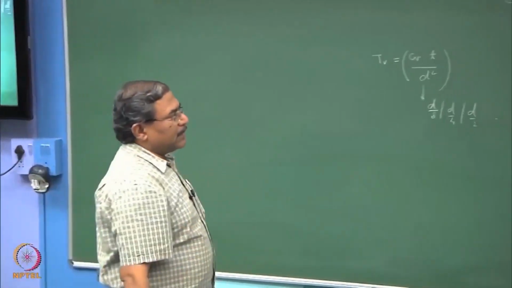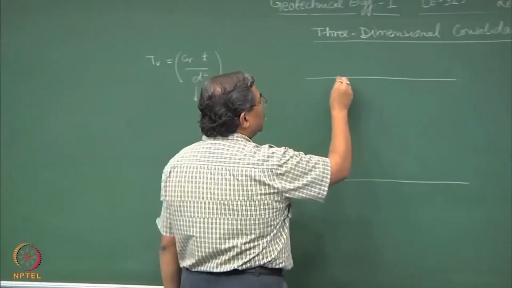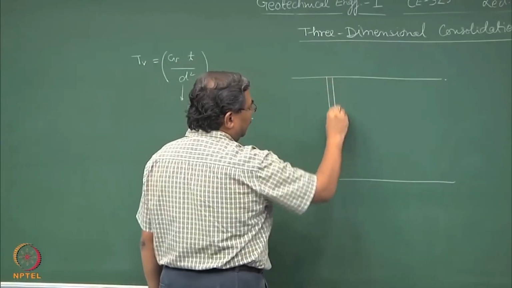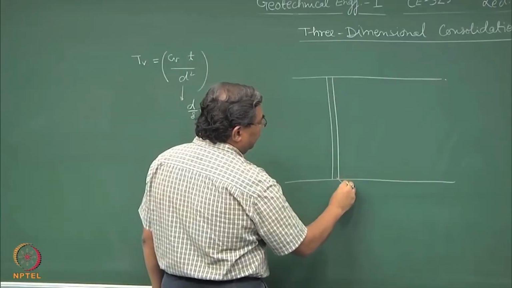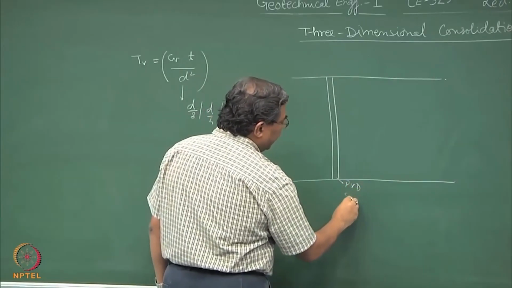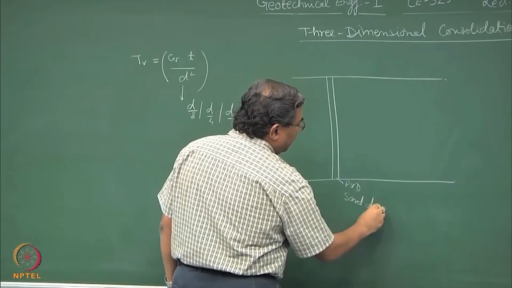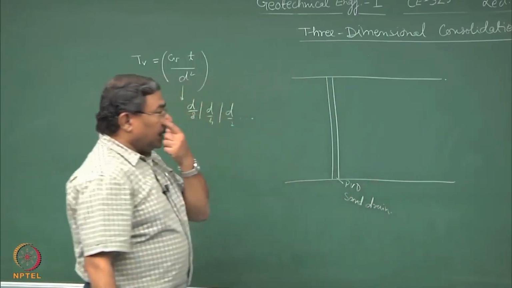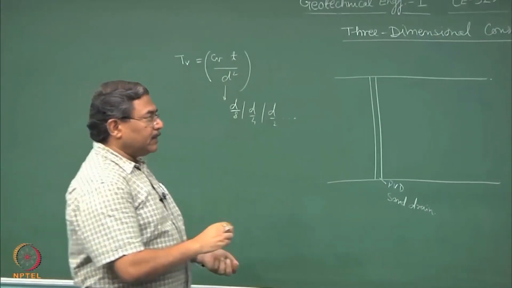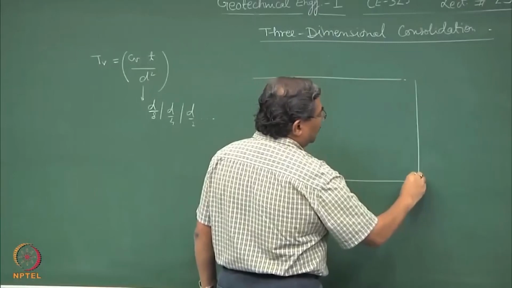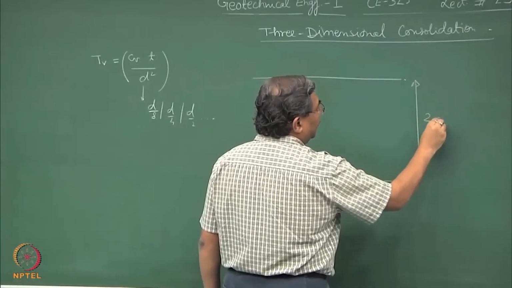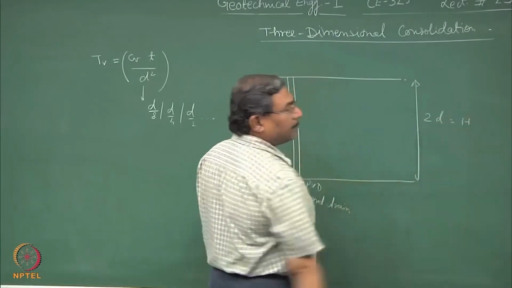So, where do we use this concept? If I install a vertical drain over here, so this becomes a PVD or a sand drain. Earlier, without installation of this, the drainage path was 2D, which was the height of the clay column.